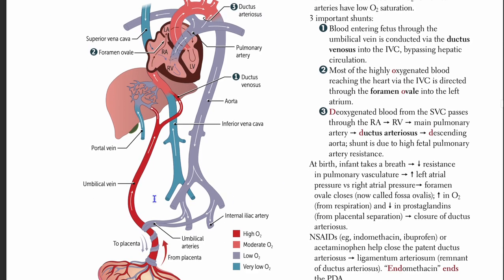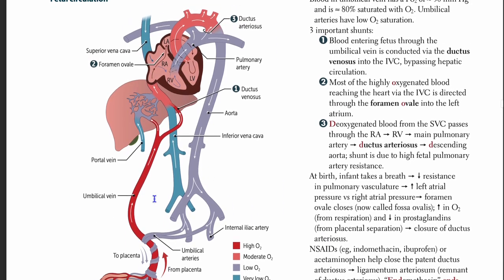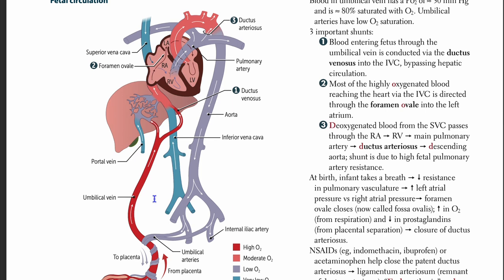So these are the type of questions they'll ask, and they might even ask, what is the first... No, wait. What did they ask? Which? Okay, a blood that comes through the umbilical vein.